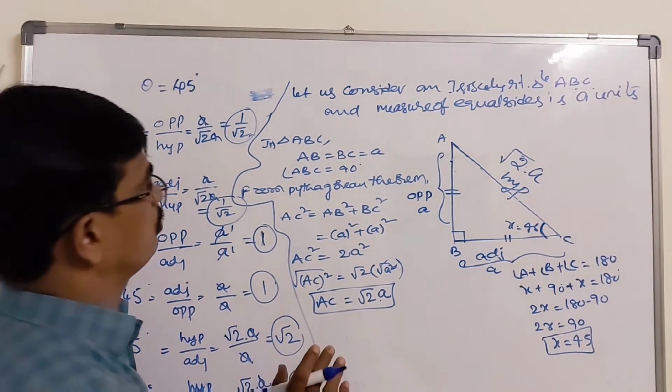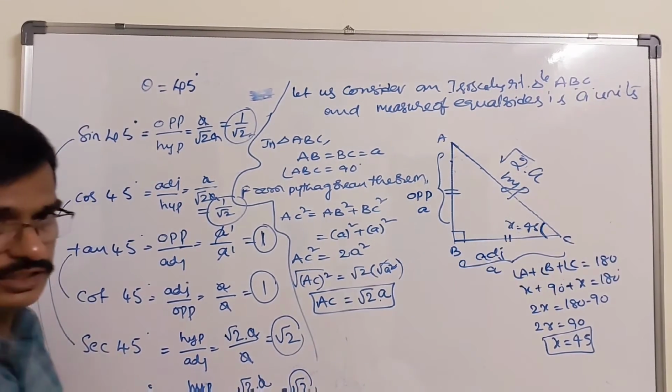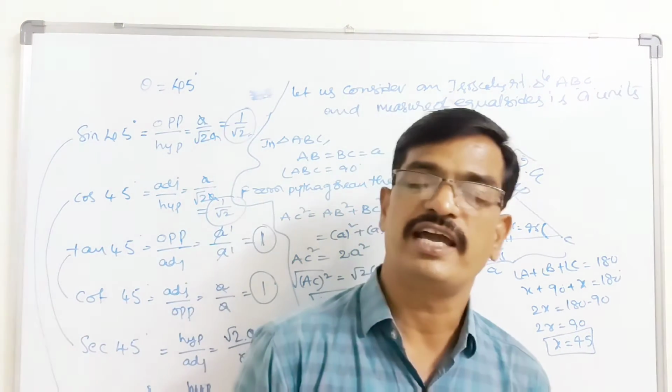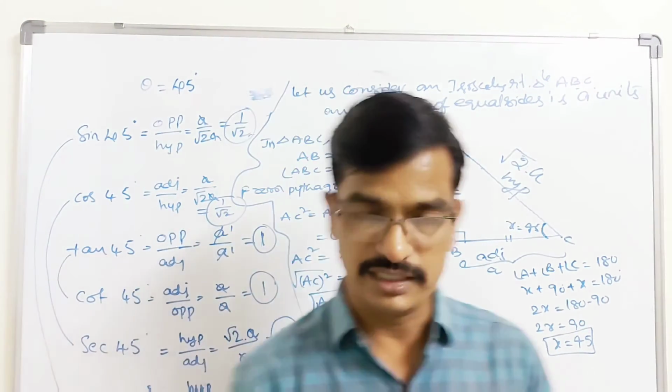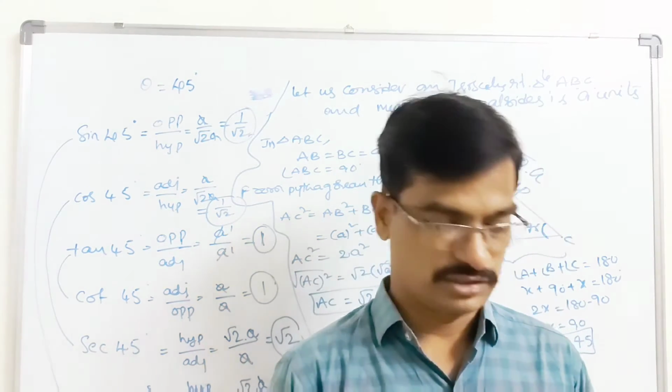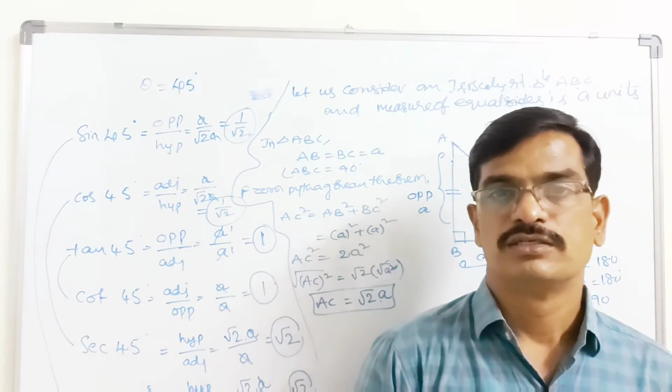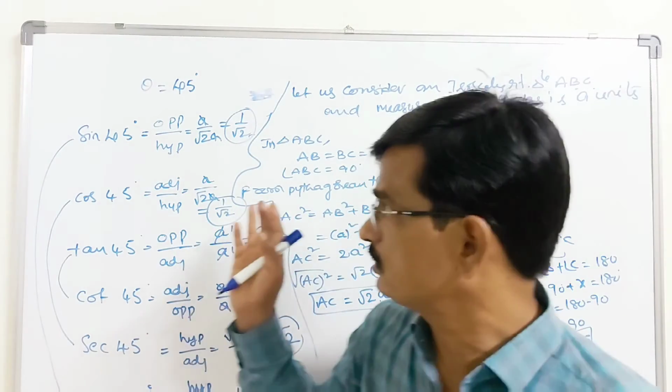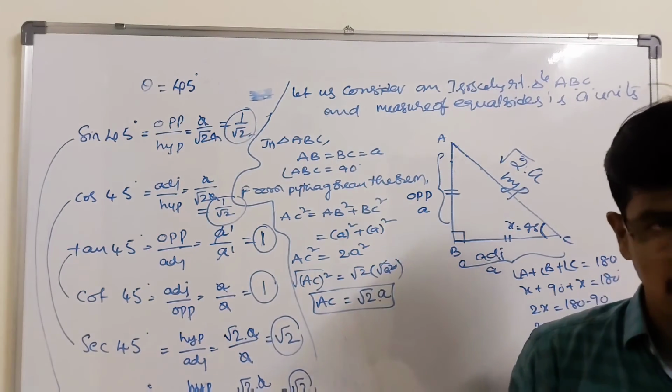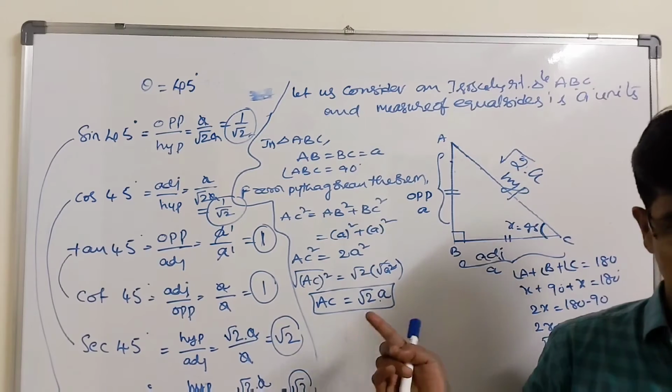So this is the way of finding the six trigonometric ratios for theta equal to 0 degrees, 30 degrees, 45 degrees, 60 degrees and 90 degrees. Today we discussed theta equal to 90 degrees and 45 degrees, right?